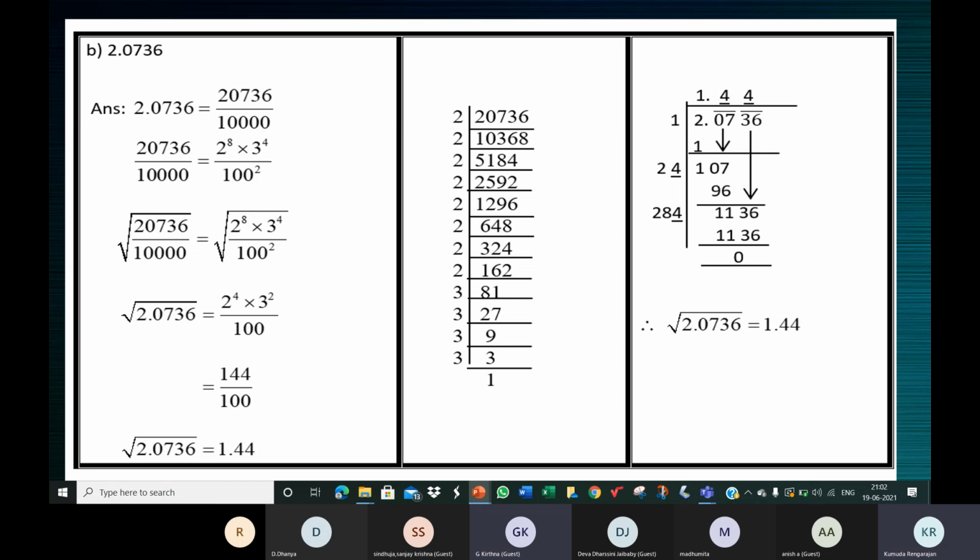Yes, ma'am. Okay. Children, please take down this question before we wind up today's session. The area of a square park is 1281.64 meters square.